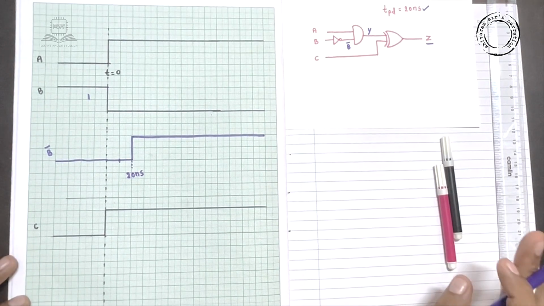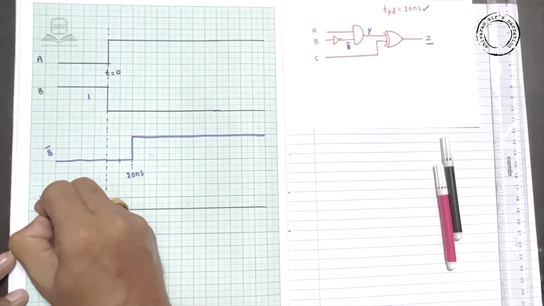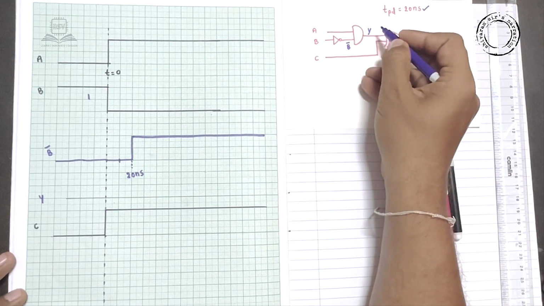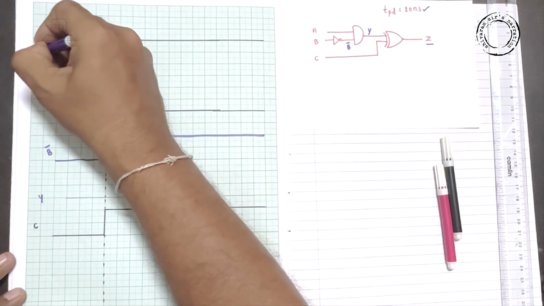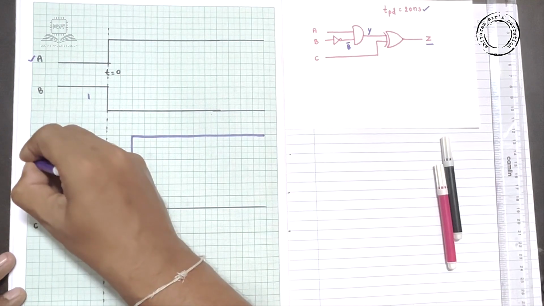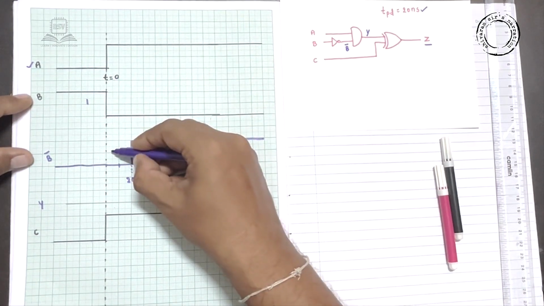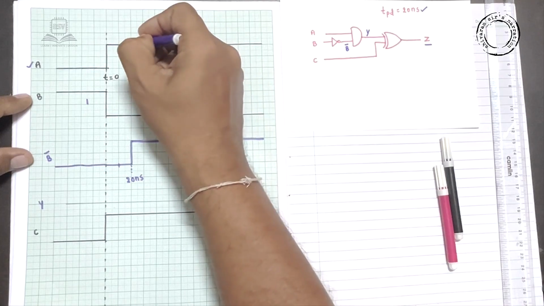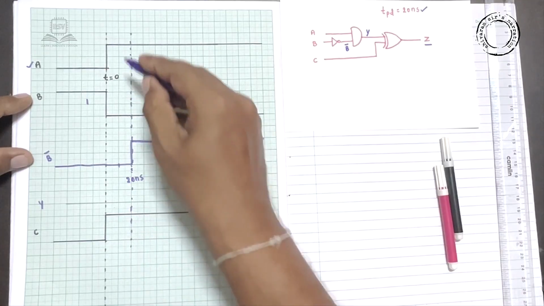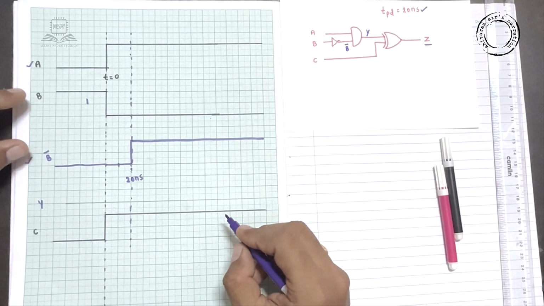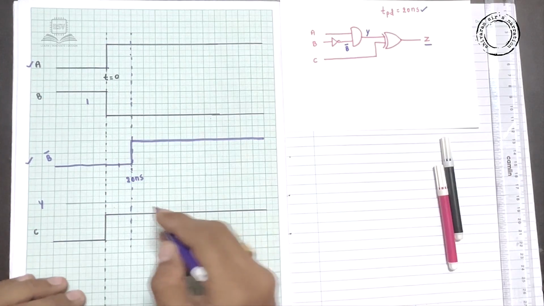Similarly, now I want to draw for Y as well, which is simply the logical multiplication of A and B bar. Now guys, here anyway it's 1 into 0, 0 only, and here especially you can take this, it's 1, 1, then the output will be logic 1, but after 20 nanoseconds.